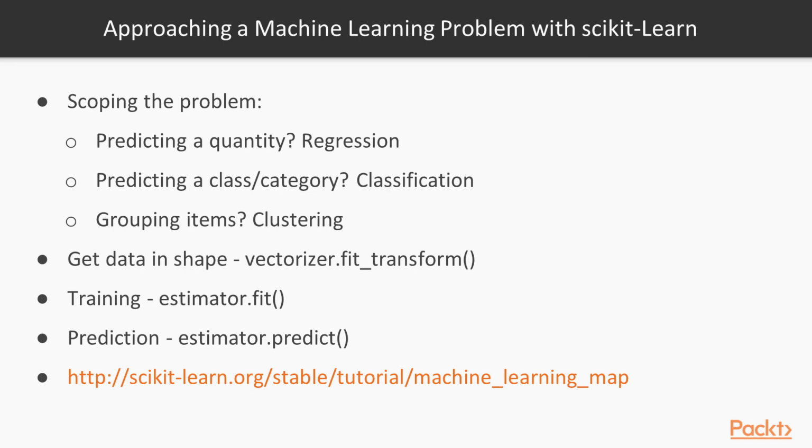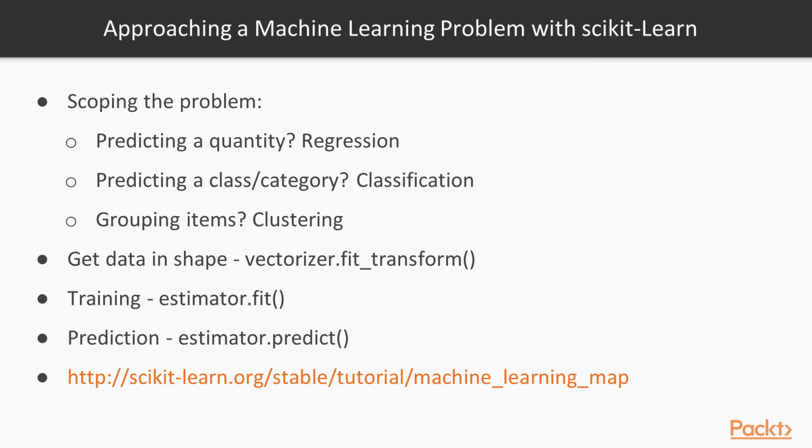Just to give you the overall flavor of the scikit-learn interface, the first step is to get the data in the right shape, so you can feed the data to the machine learning algorithms of your choice. This is commonly done through one of the vectorizers using their fit-transform function. After getting the data in shape, we need to choose the machine learning algorithm for our task, also called an estimator.